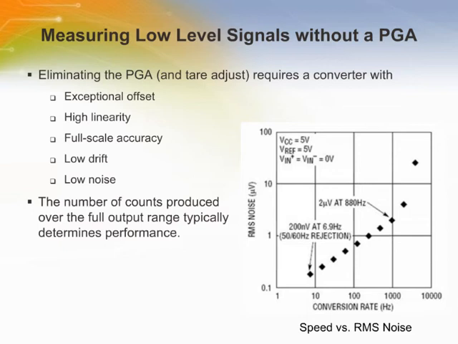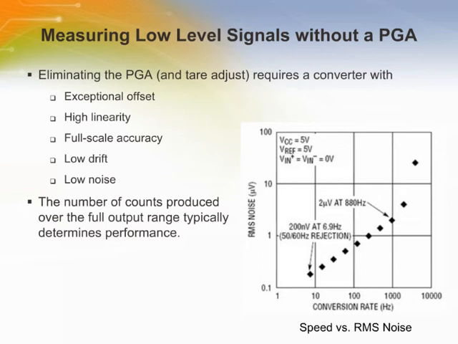Eliminating the programmable gain amplifier requires a converter with exceptional offset, linearity, full scale accuracy, drift, and noise performance. The converter requires enough resolution over its full input range to maintain high resolution within a significantly reduced portion of its input span.